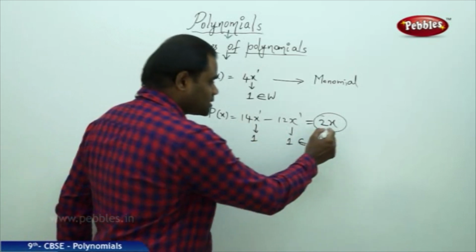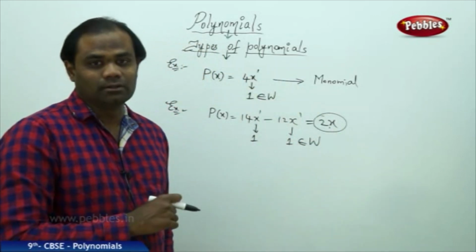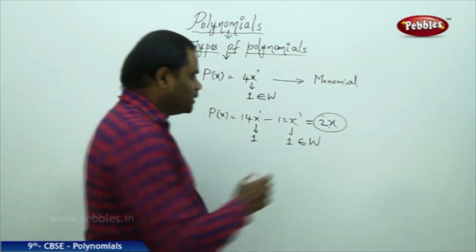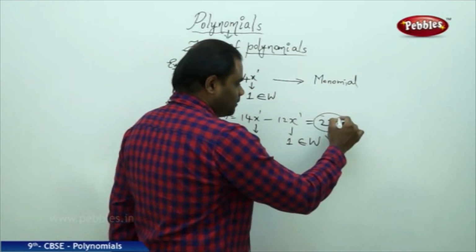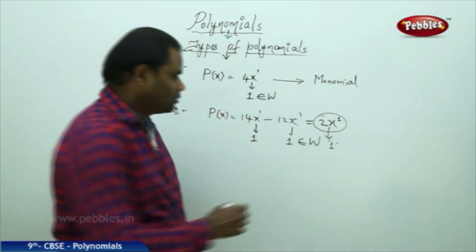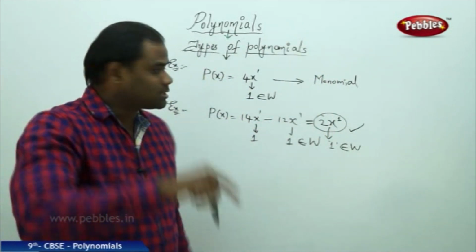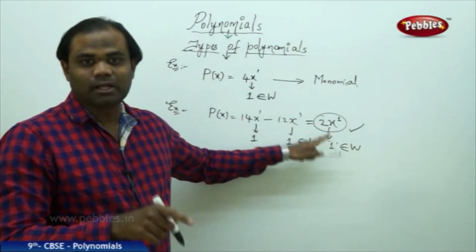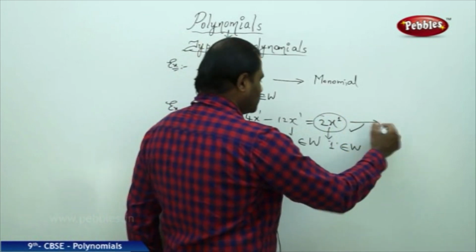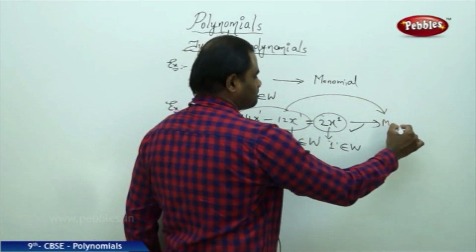So this is the actual polynomial which is to be decided on. Now here, the power of x is 1. It belongs to whole numbers. It's a polynomial, and it is a polynomial of one term, and therefore this polynomial is a monomial.